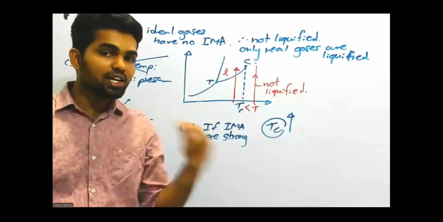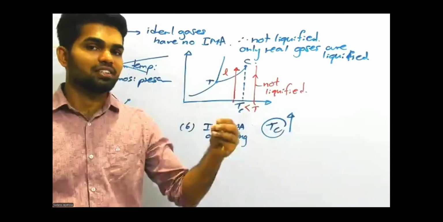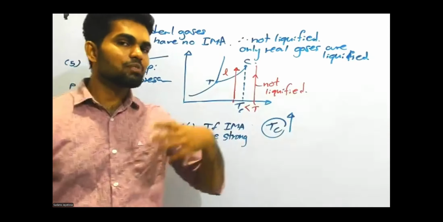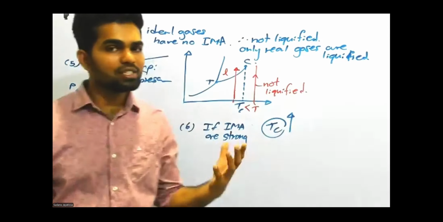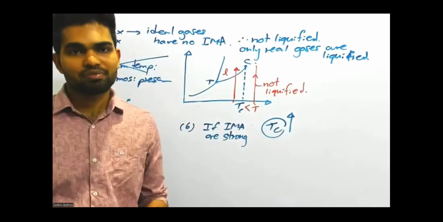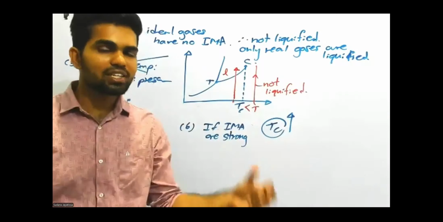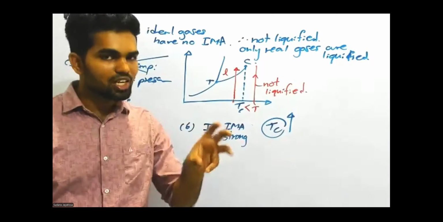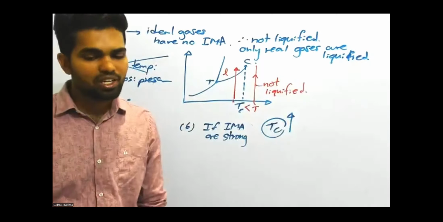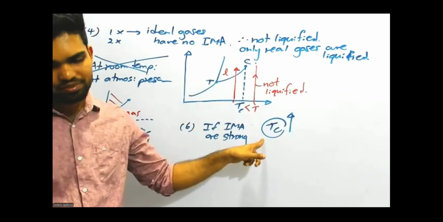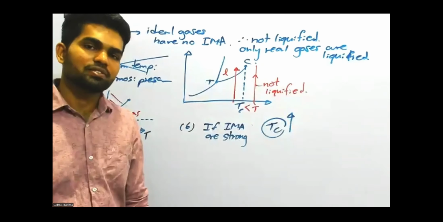Understood that? But you can't do the same thing with N2, because N2 has weak attractions. So at higher temperatures, if you compress, it will not be liquefied, because the attraction forces are not strong enough to make it into a liquid. Try to understand that point. That's how intermolecular attractions can represent critical temperature.